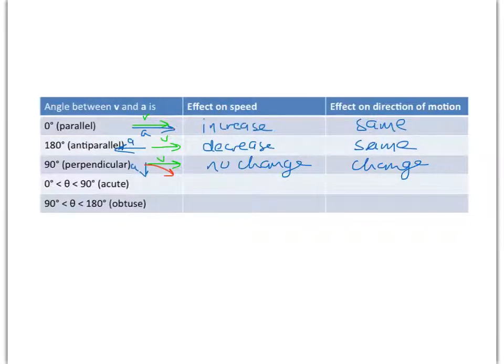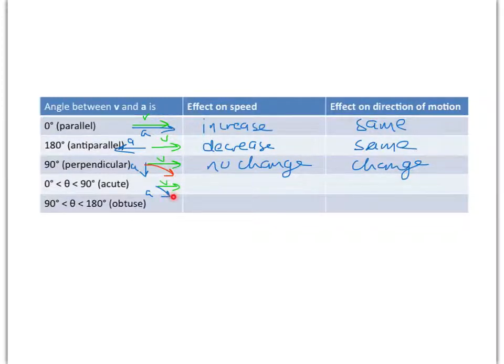All right, 2 more, and then we're just about done. Initial velocity, right there. What if acceleration is applied at an acute angle? That means a tighter than 90-degree angle. Well, we're going to have 2 things happening right here. First of all, it's going to help out your velocity, right? Because here's your velocity, and there is some little component of this acceleration, since it's at less than 90 degrees, that is pointing in the direction of motion.